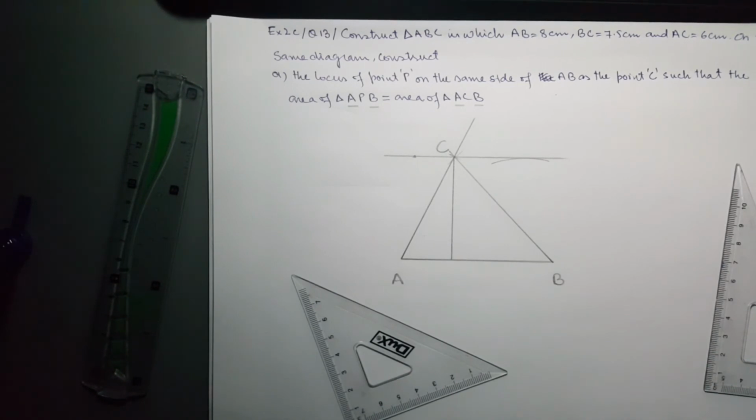The key point in the last locus is we will consider the fixed side as a base. That is, in this question, A and B are the fixed points. We will take AB as the base. And we will use the formula half base into height. We will find out the height of the triangle and draw a line parallel to the base with the obtained height.